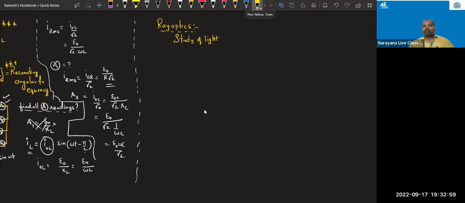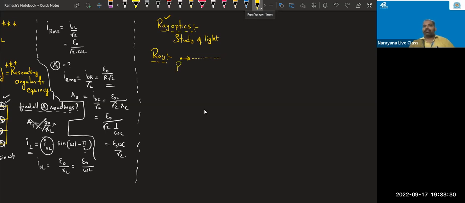Study of light by using which concept? Ray concept. What is the meaning of ray? Someone tell me. Beam. Ray means path of the light. If you switch on any source of light, that light particle will travel in a straight line only, na? So that trajectory or path of the light is called ray.